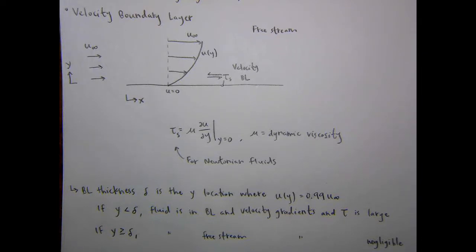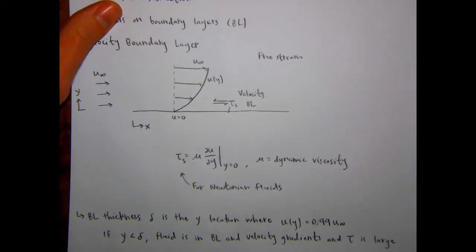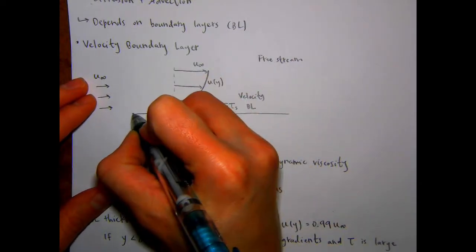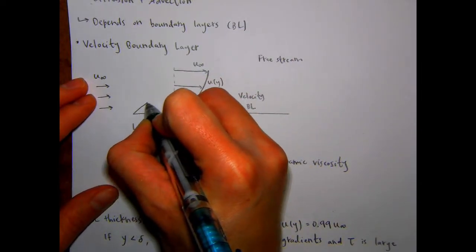So yeah, the next thing I was going to say is not only do you have variations in the y direction, because you have the boundary layer moving into the free stream, the boundary layer also develops in x. So you can draw this thickness, which starts at 0 at the leading edge and increases.